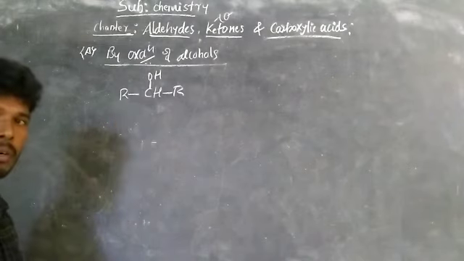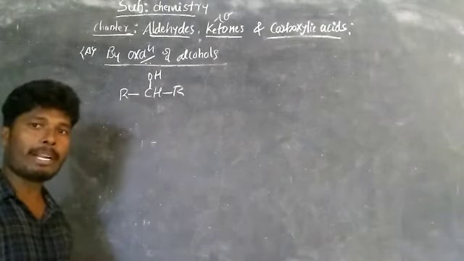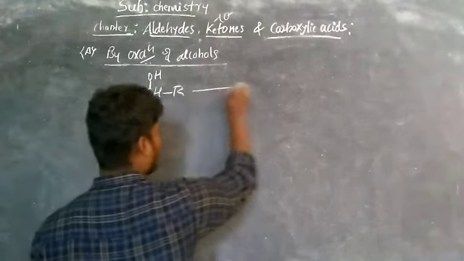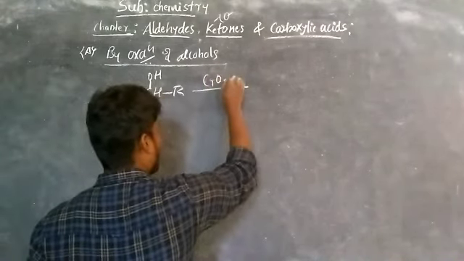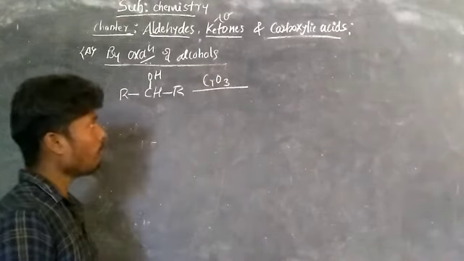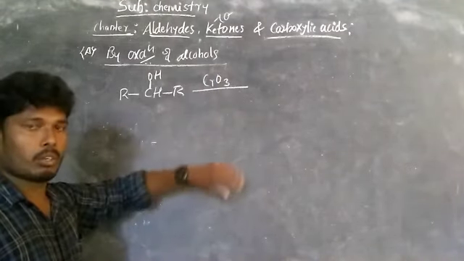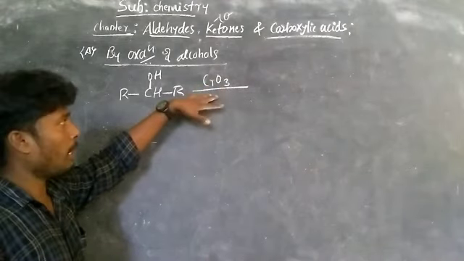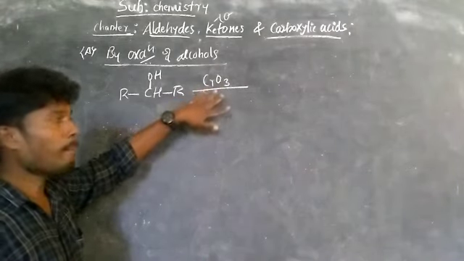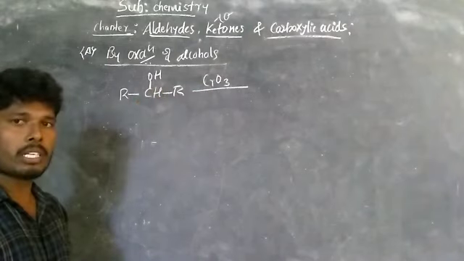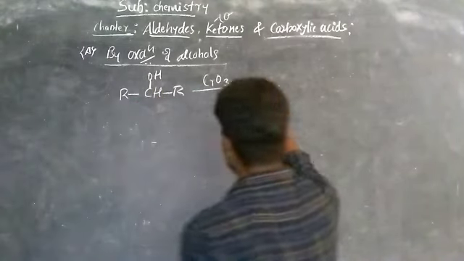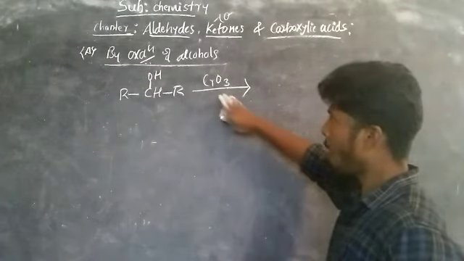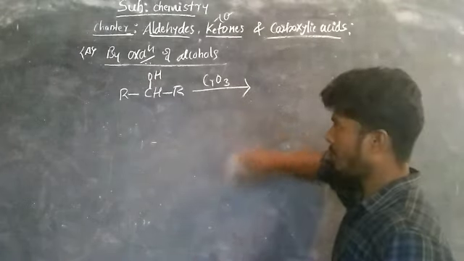This secondary alcohol is oxidized only in presence of a strong oxidizing agent like chromic oxide, CrO3, or chromium anhydride. This chromium oxide is a strong oxidizing agent.